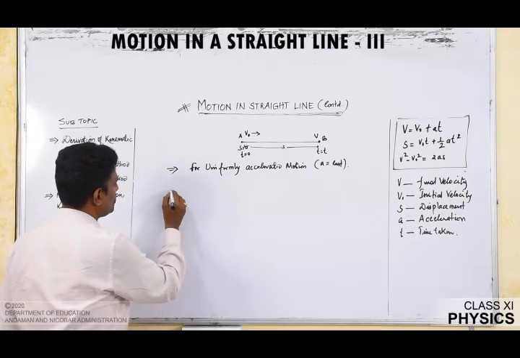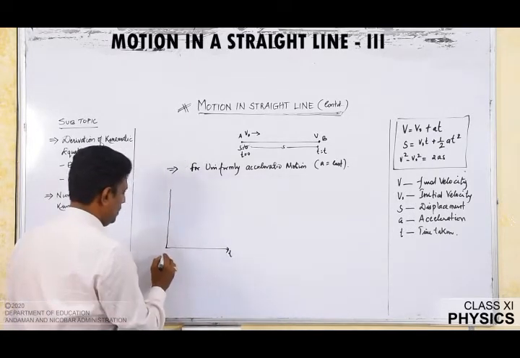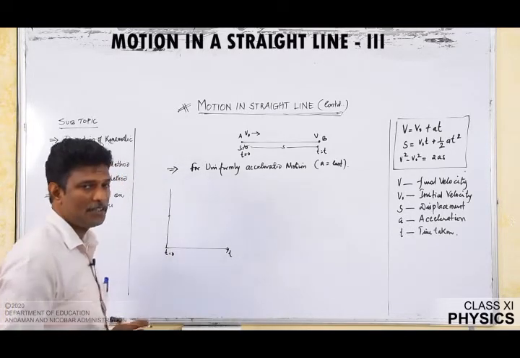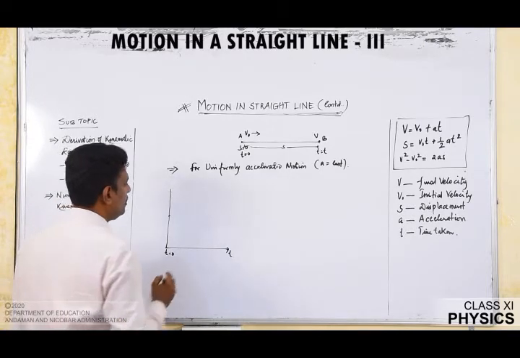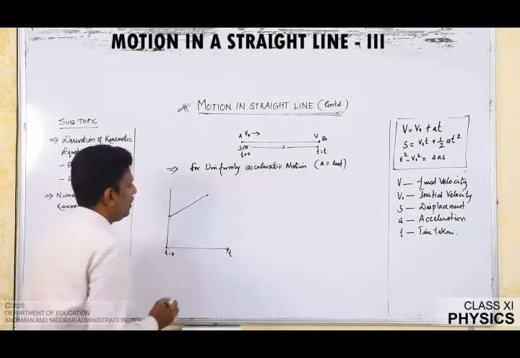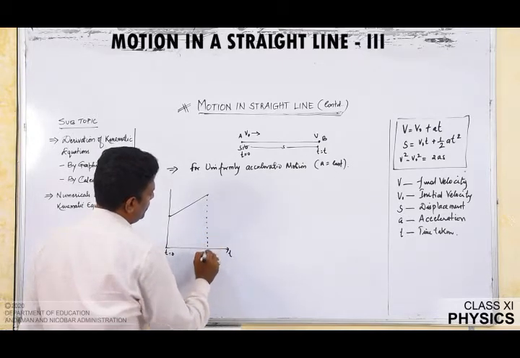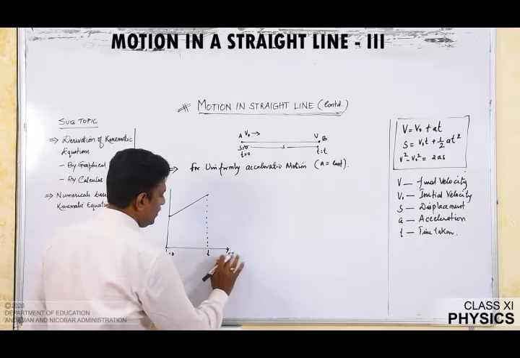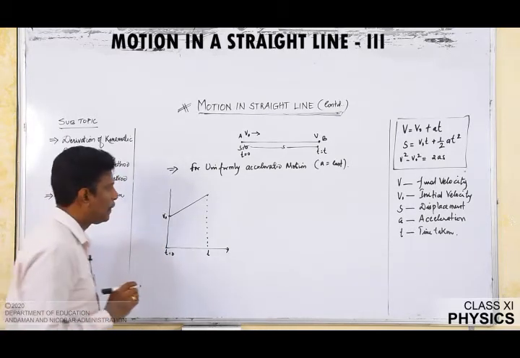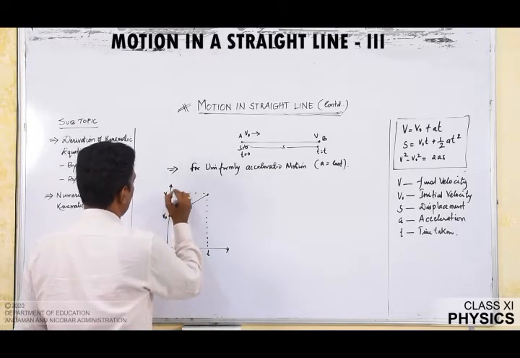Let us draw the graph for this, that is the Vt graph, say this is T and here T is equal to 0, and initially the object is starting with the velocity V naught and reaching a point V. We can draw the graph like this, say this is the time T, and this may be the initial velocity V naught, and parallel to this is the velocity V, that is the final velocity.